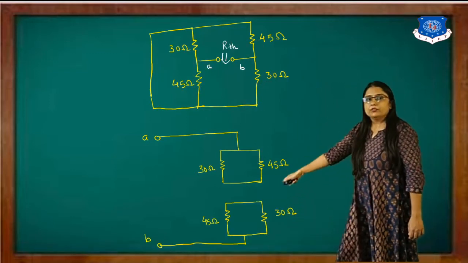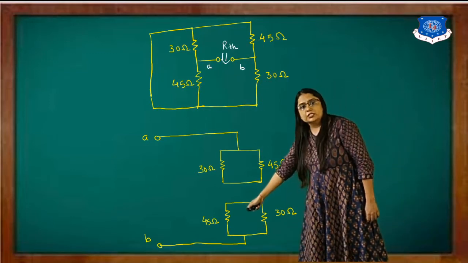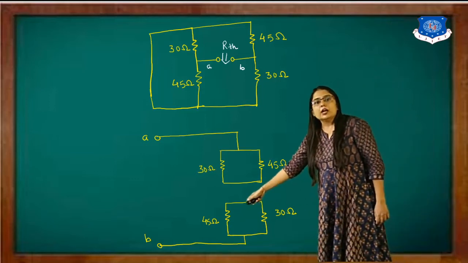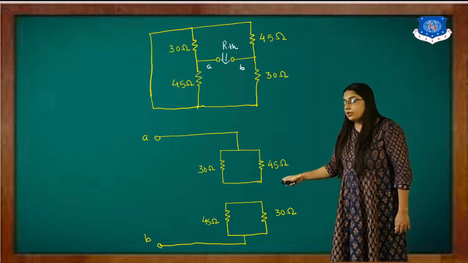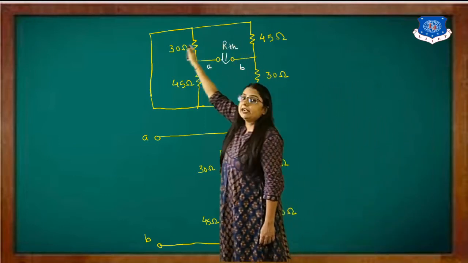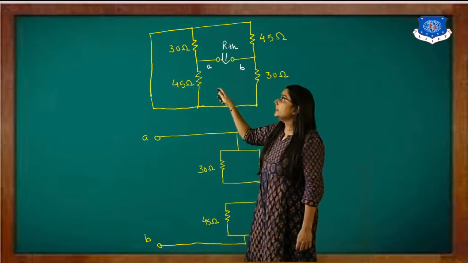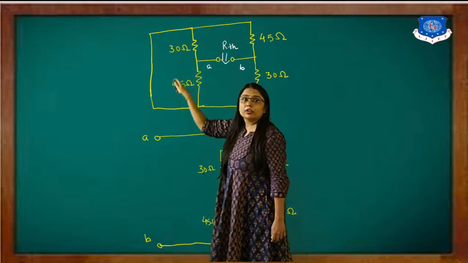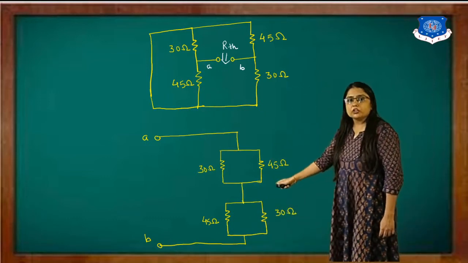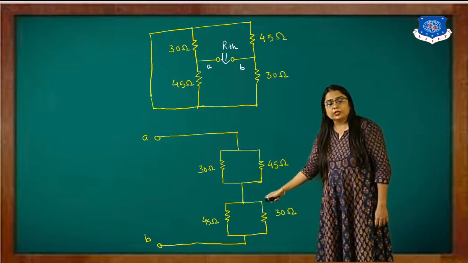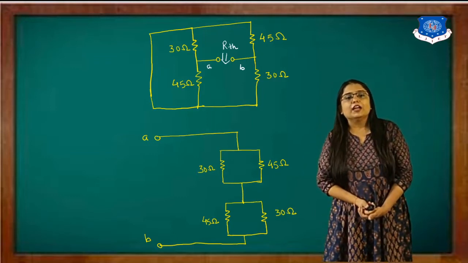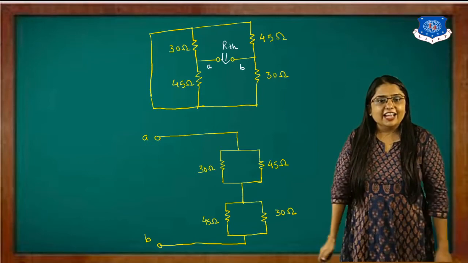Now all four resistors are connected with each other, so you just draw the common line between them. Now by looking at this diagram, you can easily find the value of RTH.